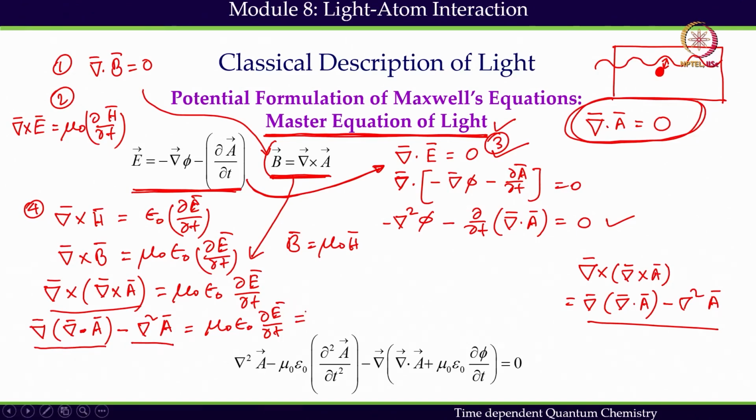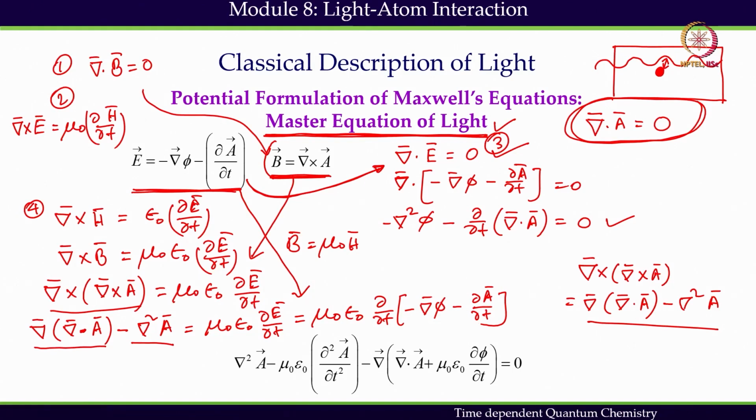So I will insert this one again here, and I will be able to get epsilon naught, then the time derivative with respect to the scalar potential and vector potential. So this is the entire equation I get.